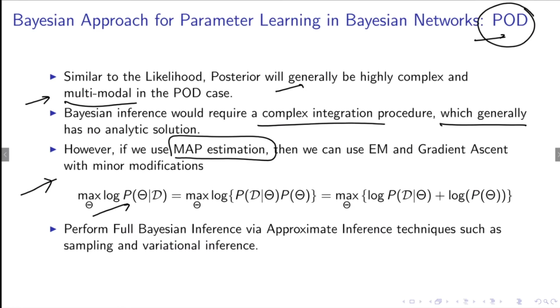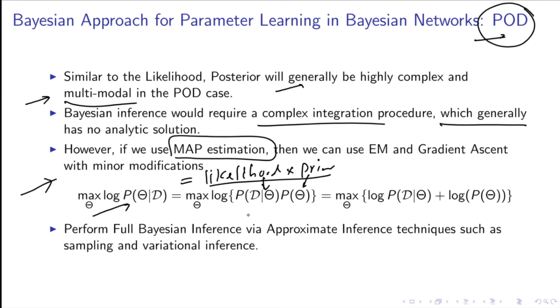Okay, so if you remember, the posterior is nothing but likelihood times the prior. So if I am maximizing the log of the posterior, I'm essentially maximizing the log of likelihood times the prior.